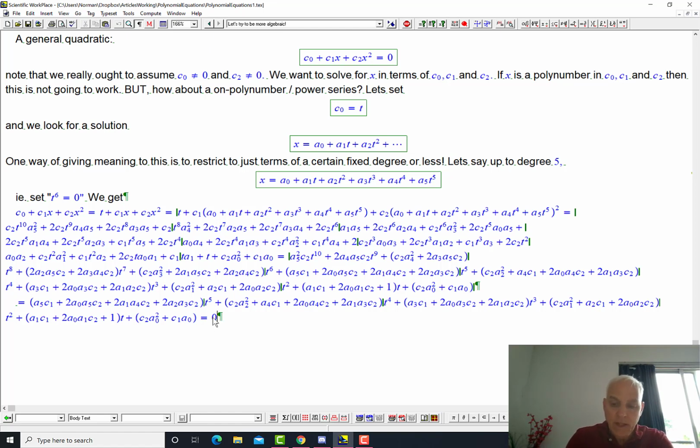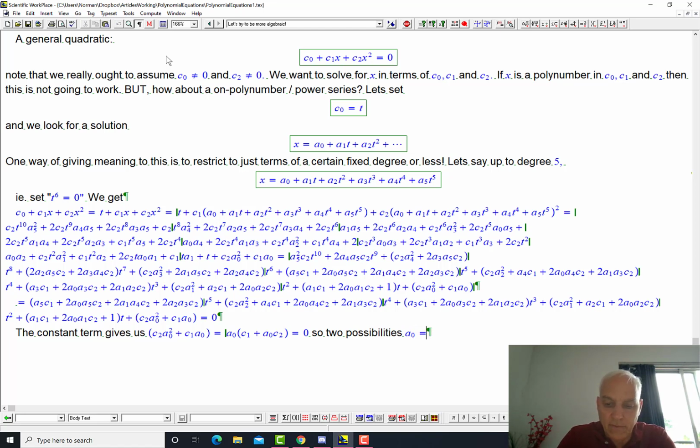Now, the constant term. What's the constant term? The constant term is this thing right here. So if we factor this, that's supposed to be equal to 0. So we get two solutions, two possibilities. We could get a sub 0 equals 0.